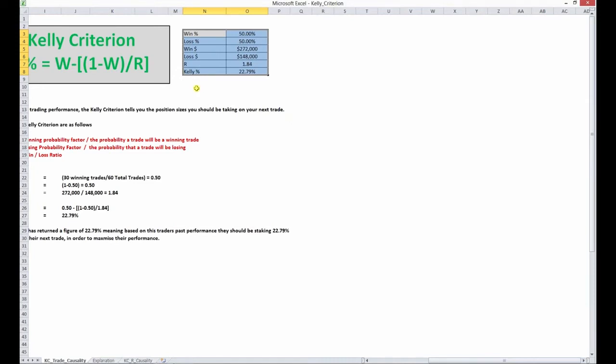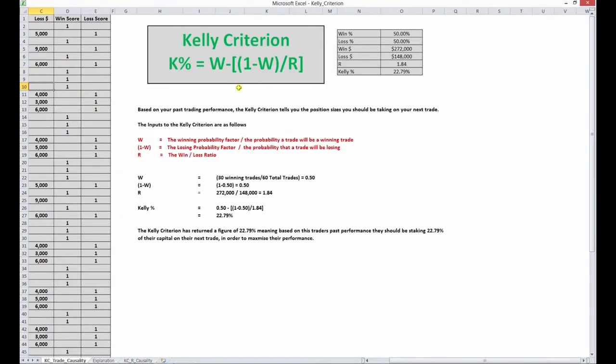So basically, the Kelly criterion says that on the next trade, this trader should put on 23% of their exposure on the next trade. 23% of their money on the next trade. Is that sensible?